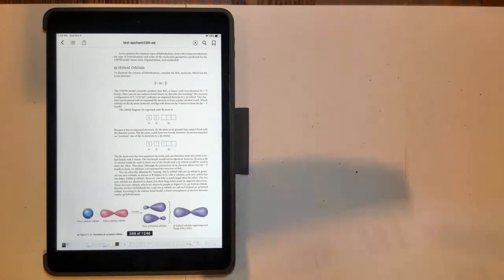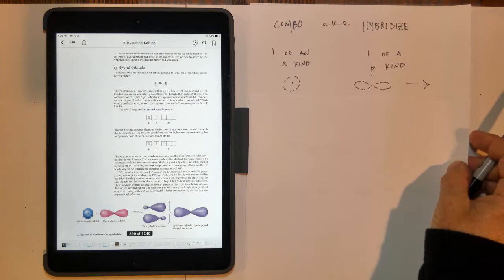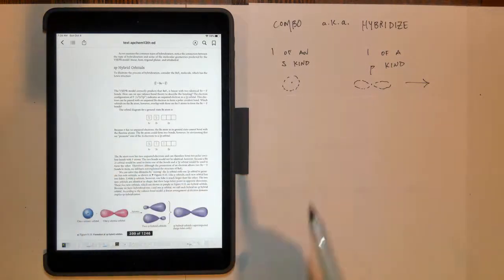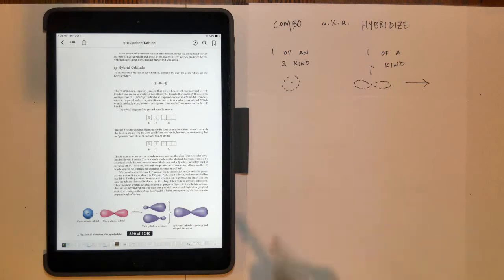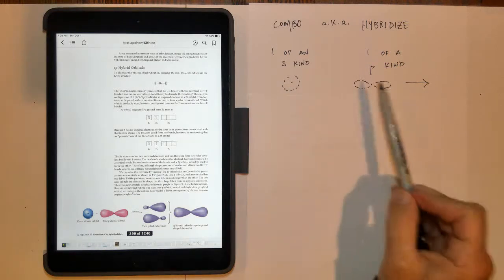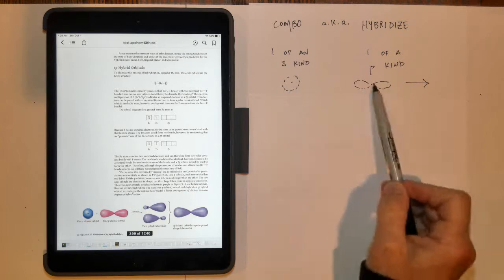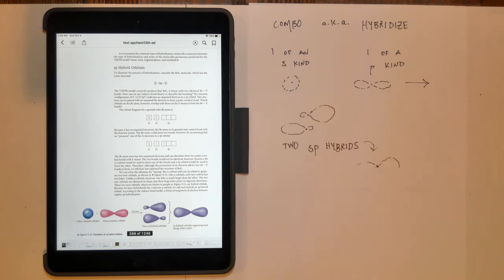And when they combine, they're said to hybridize. There is one of an s kind in every valence shell. There are three of a p kind. And when one of each of those comes together, they form a set of what's called hybridized orbitals.